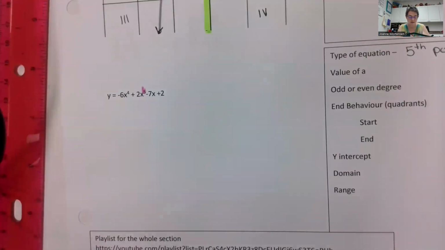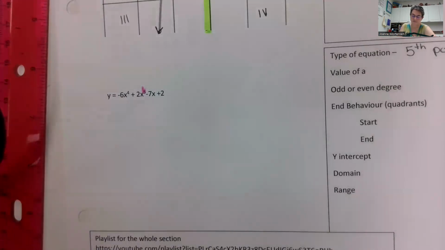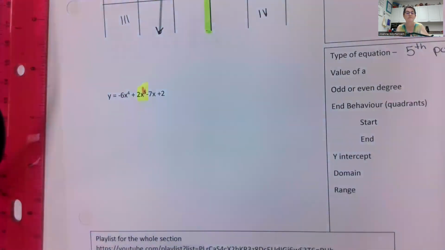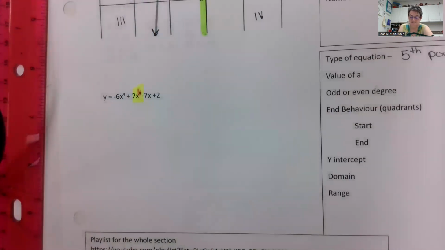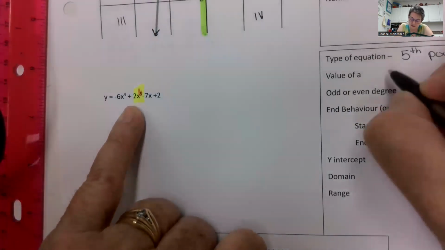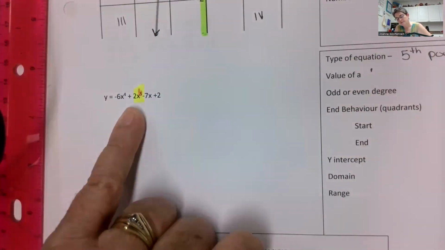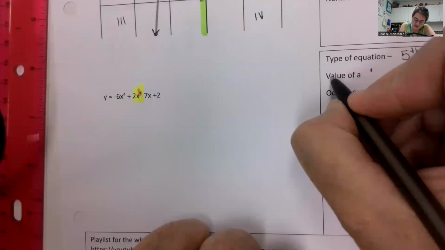All right. So my value I'm going to highlight there. My leading term, my value of A is, I'm going to change that.